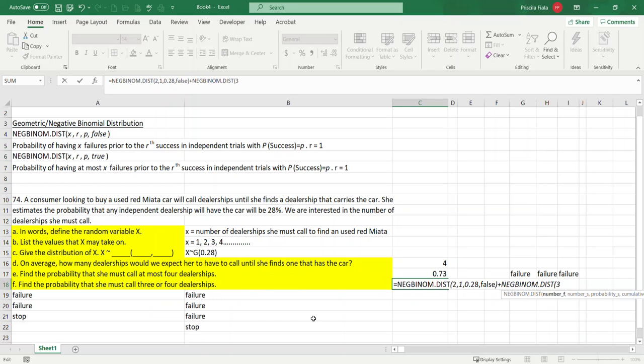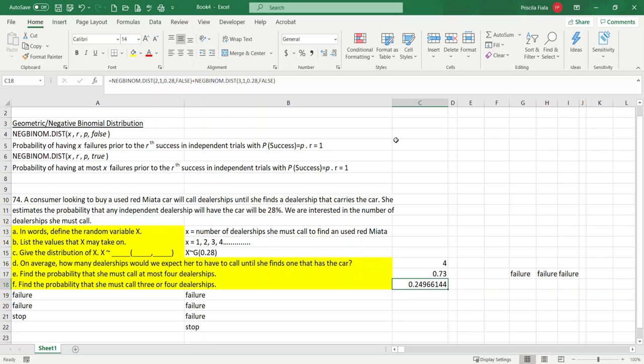Now I'm looking at this one right here. And then I want 100% success. And I have a 0.28 probability of succeeding. And it's false. I don't want a cumulative value. So let's go ahead and hit enter.